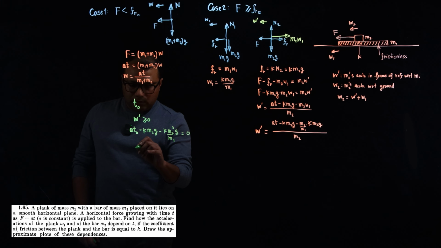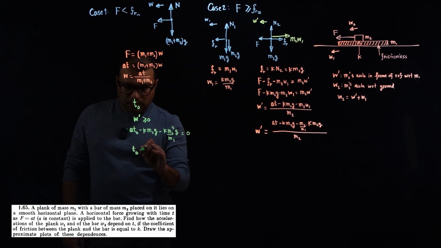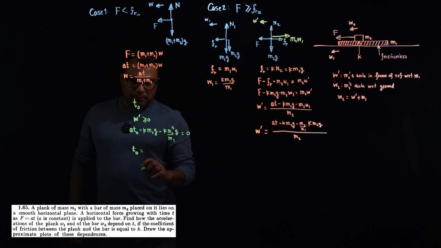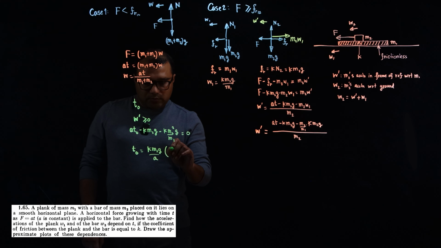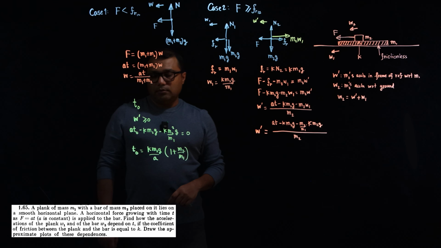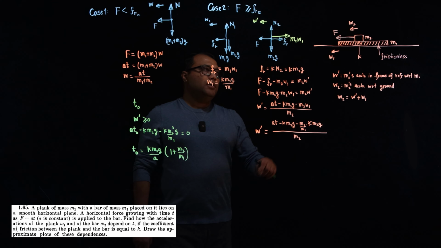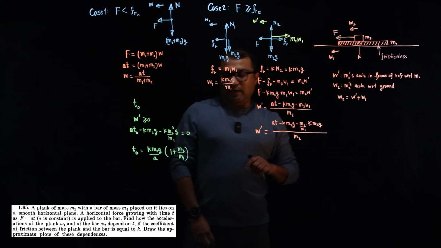So T0 becomes, let's take K M2G by A common, (1 plus M2 by M1). At T0, M2 just starts to slip on M1.